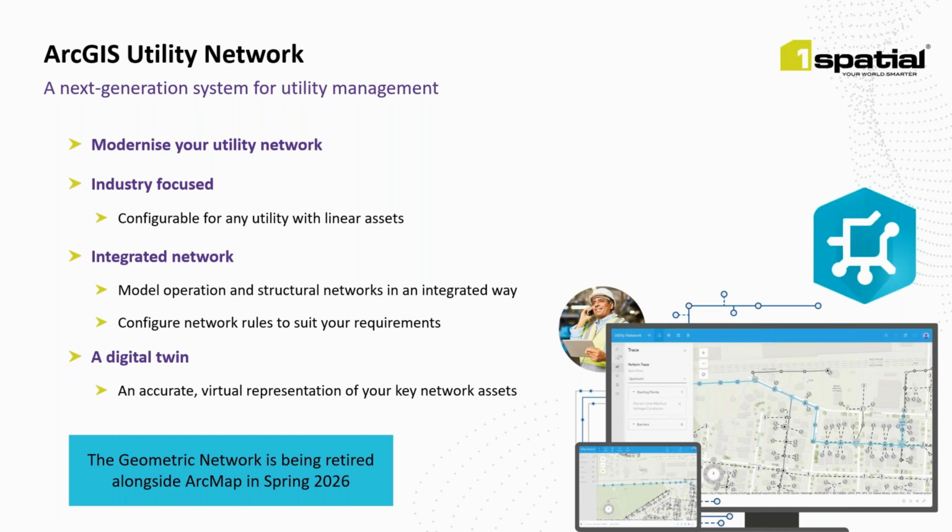It's been released by Esri. It's industry focused, which means it's configurable whether you're working with electric, gas, water, etc. And it really brings together an integrated network. So in one system, you manage your structural and your domain assets.